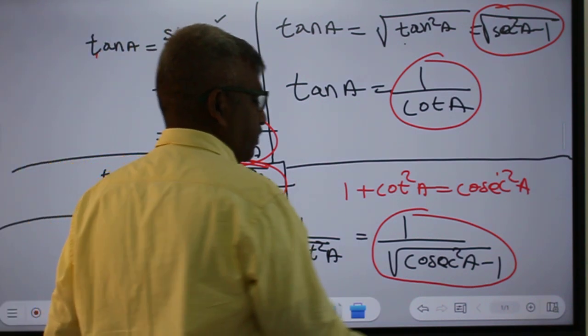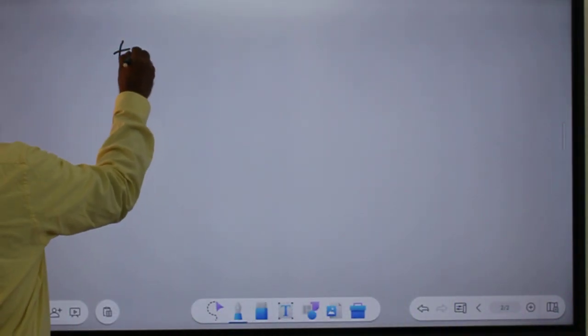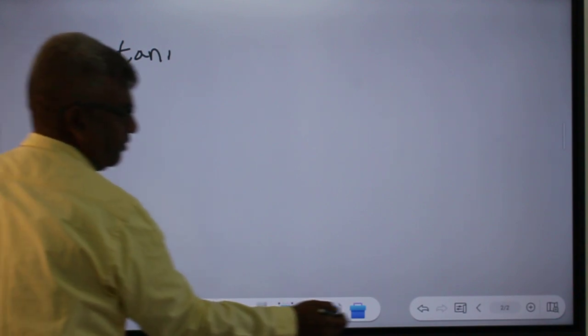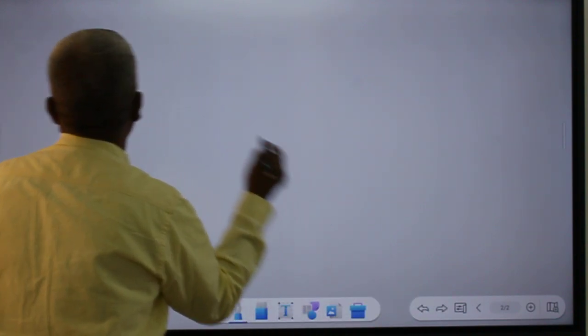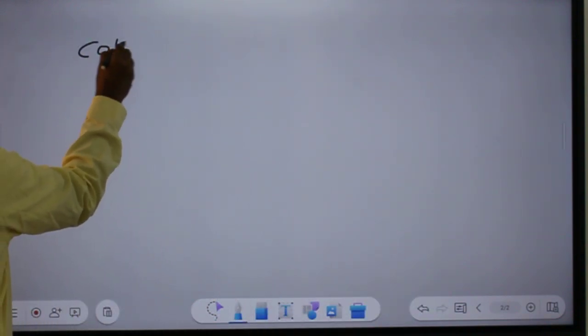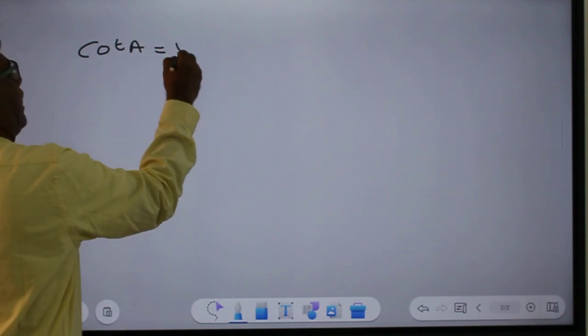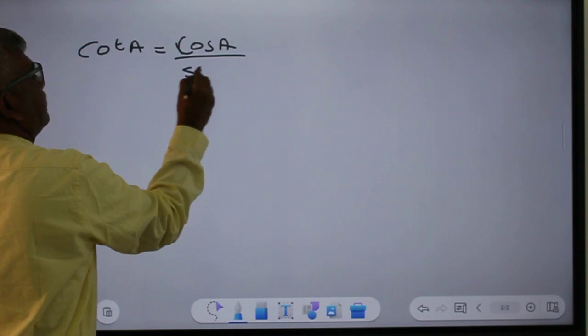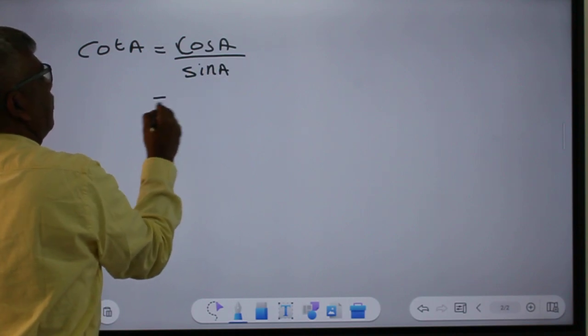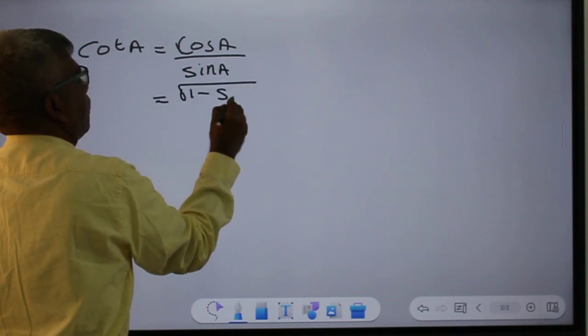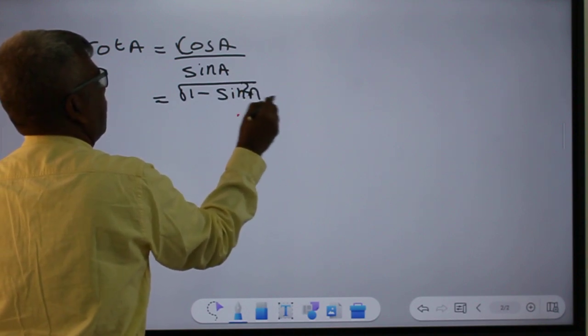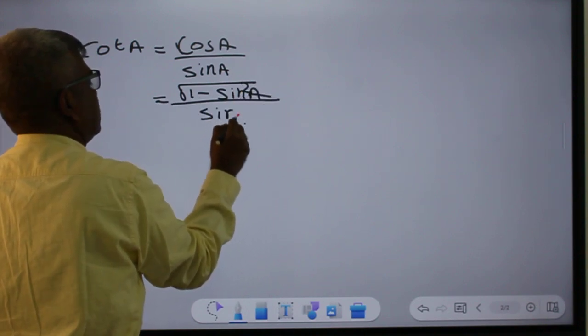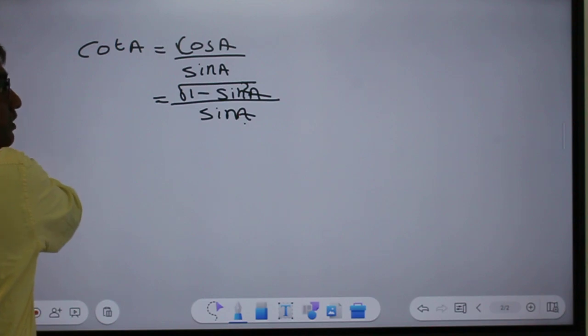The same way we will do for cot A. Since we have done tan A, I am going directly. Cot A is nothing but cos A over sin A. Cot A is the square root of 1 minus sin squared A by sin A. Okay, super.